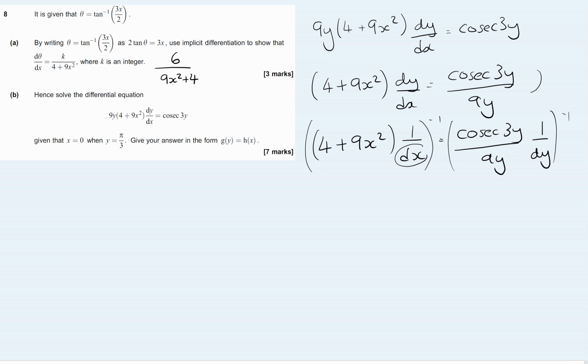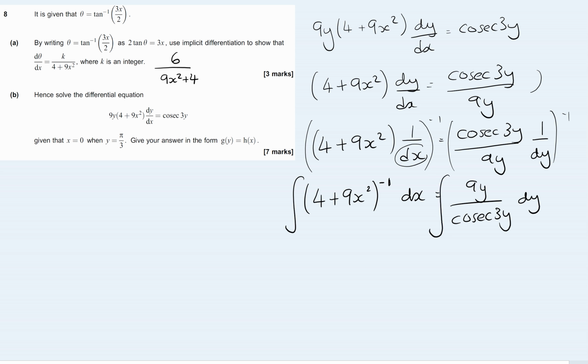I'm going to flip everything. Okay, so in doing that, I get 4 plus 9x squared to the minus 1 dx equal to 9y over cosec 3y dy. And then I'm going to integrate both sides. Okay, so this is setting up what we have to do, and obviously now it's a case of doing it.